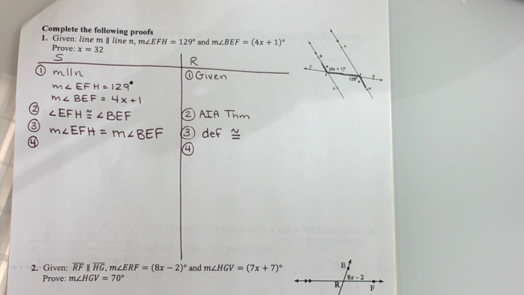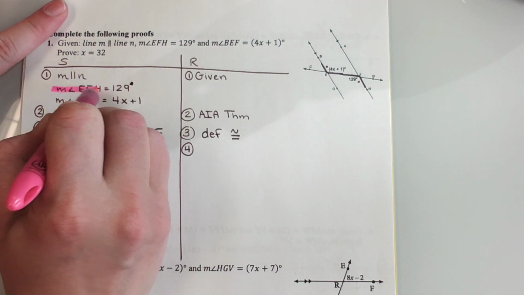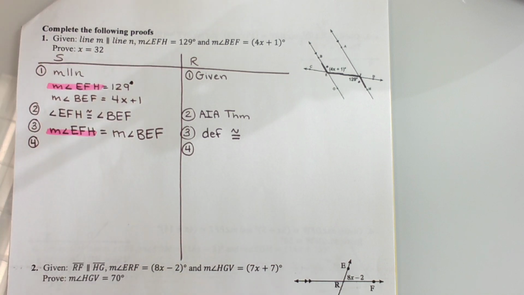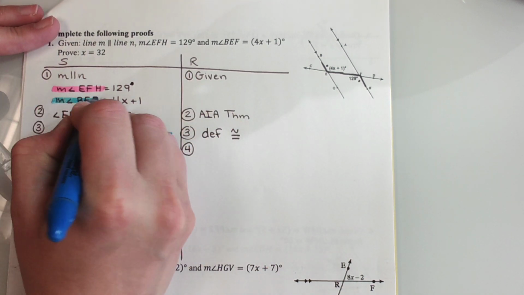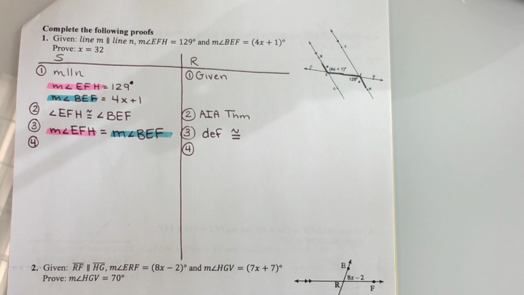Specifically with equal signs involved. Like a measure of angle EFH. Maybe a measure of angle BEF. Beth, not beef. Beth. Okay.